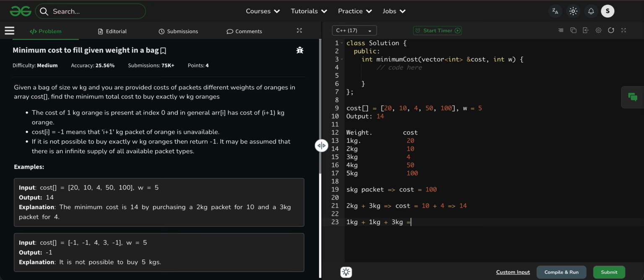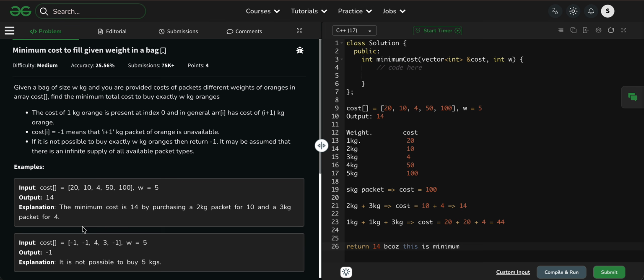Here the cost is 1 kg, 20, plus 20 plus 4, equal to 44. That is also a valid option. So what is the answer? We have to return the minimum. The answer is to return 14, because this is the minimum, right?